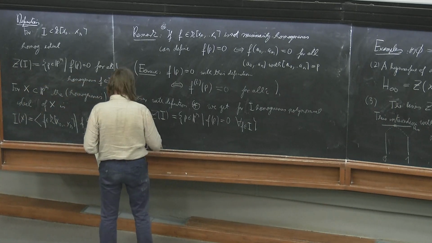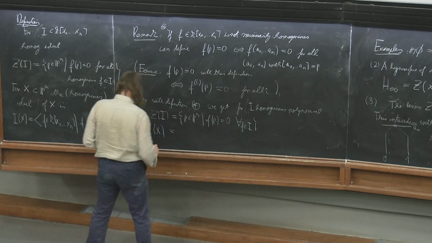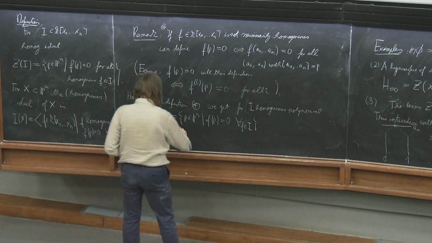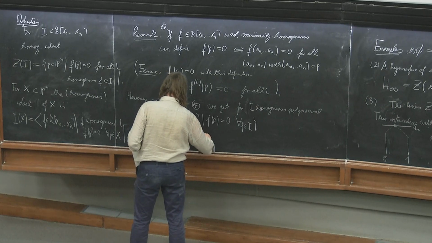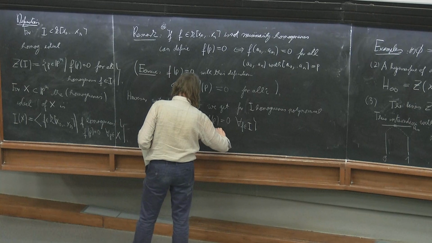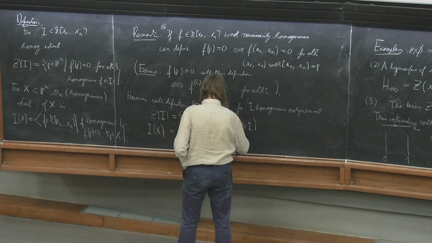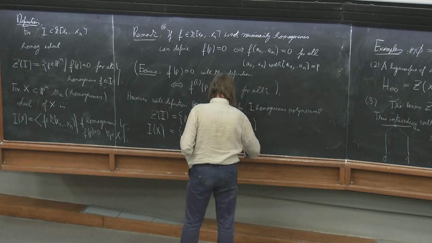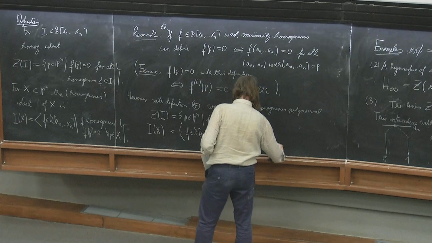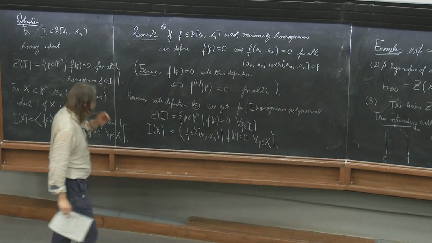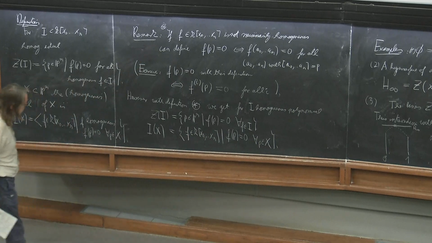And also the ideal of X will then just be the set of all polynomials f in k[x0,...,xn] such that f of p is equal to 0 for all p in X. But there are really good reasons not to use this definition and insist on homogeneous polynomials.